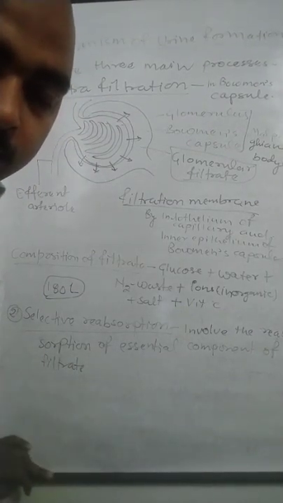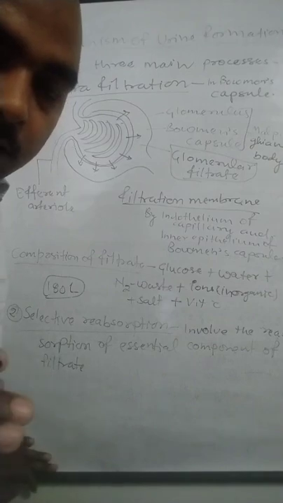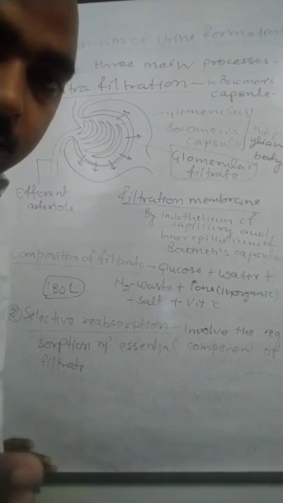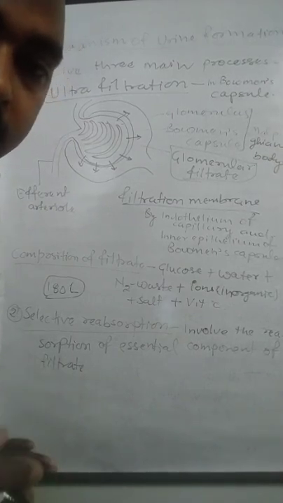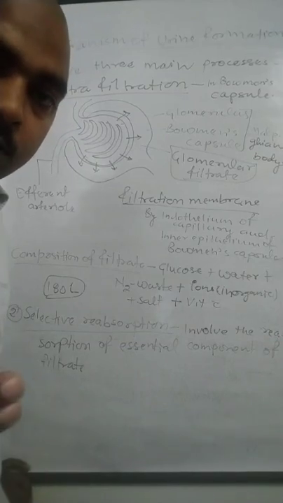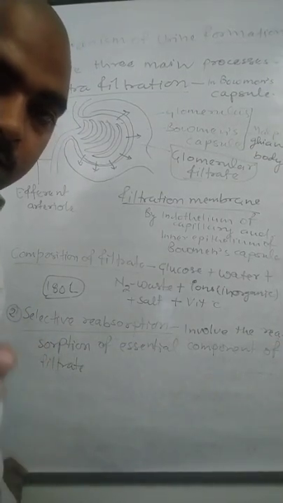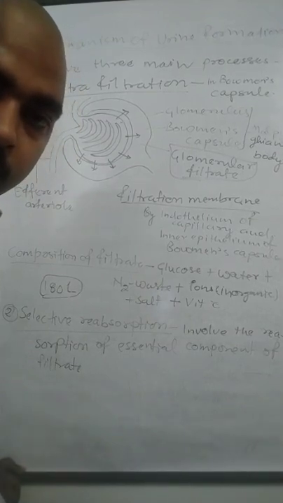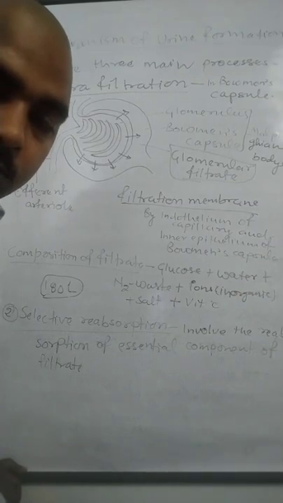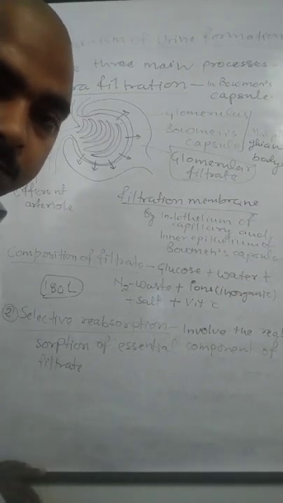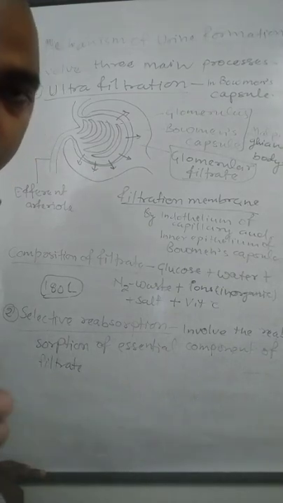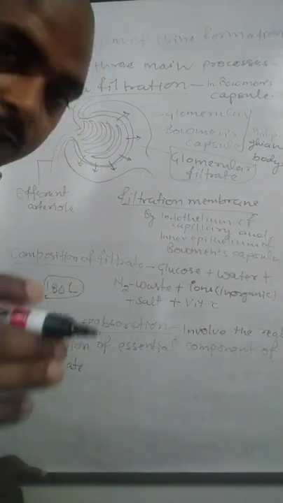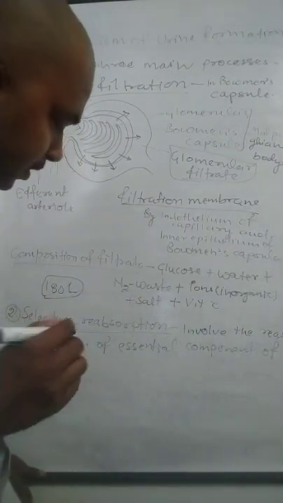The components of the filtrate which are essential for our body also get transferred from the blood plasma into the Bowman's capsule during filtration, so they need to get back into the blood. For example, a large amount of water gets transferred into the Bowman's capsule and becomes part of the filtrate. So for that purpose the selective reabsorption process takes place.